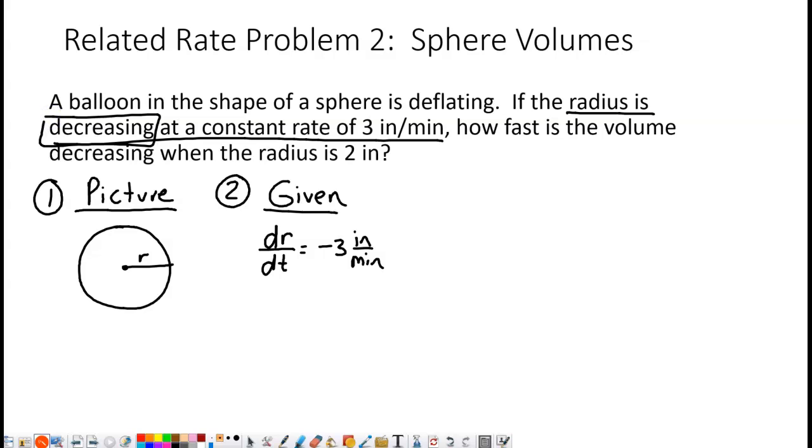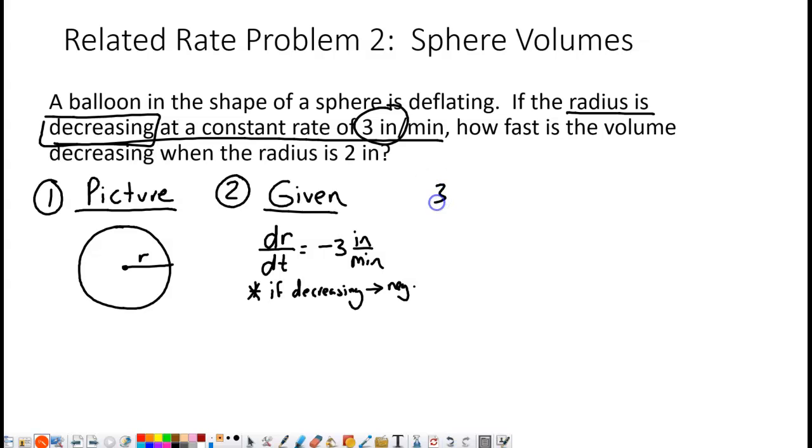So you might want to make a little note there. If decreasing, then that means that it's a negative rate. Be careful whenever you identify your given rate. If they tell you that something is decreasing or something to that effect, that means that your rate will be a negative. And they won't tell you that here. You have to get that from the language that they're using. Okay? So there's my given rate.